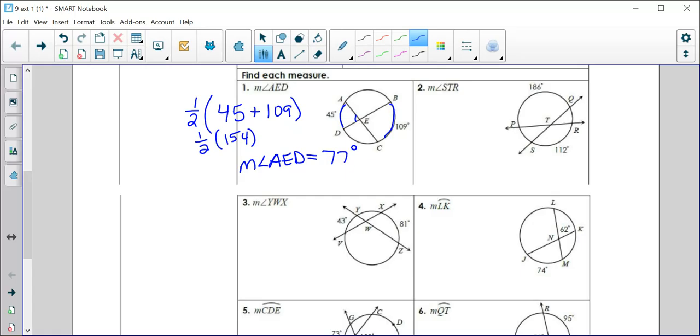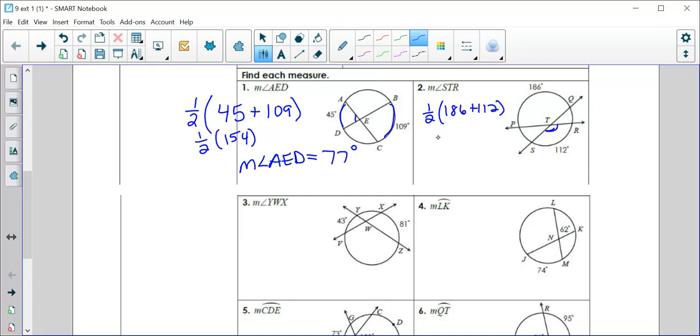All right, this time we've got STR. You guys go ahead and try this one. So again, you're going to use the top and bottom angles. All right, so you can go half of 186 plus 112.